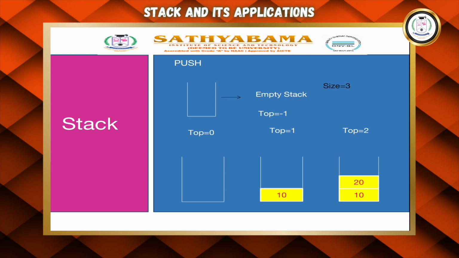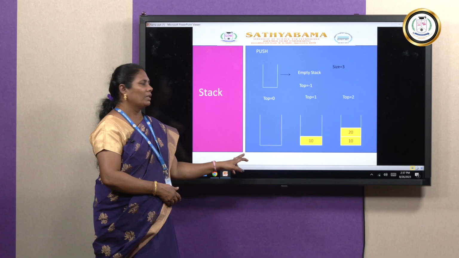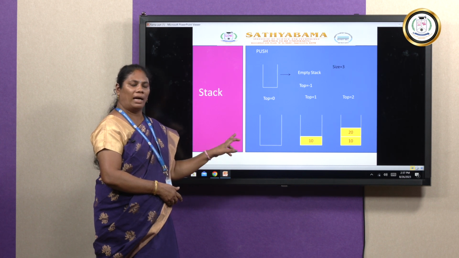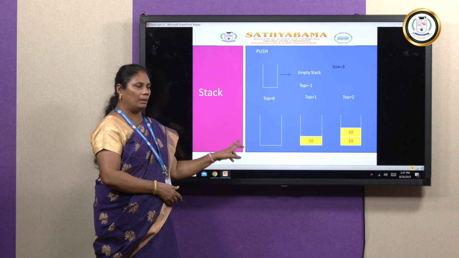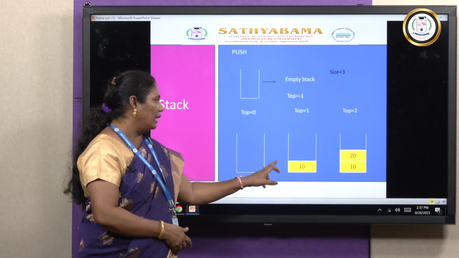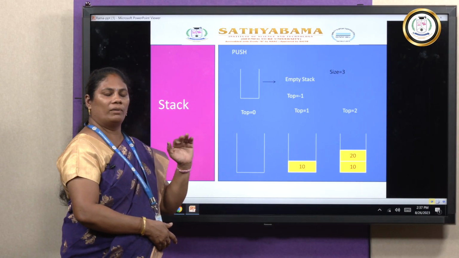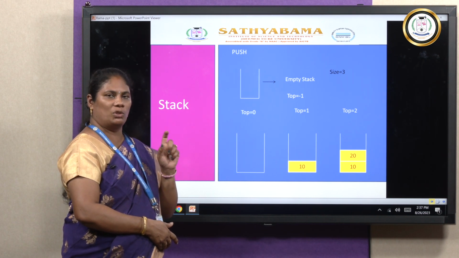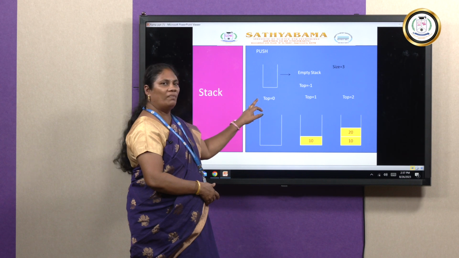To insert one or more elements into the stack, first the stack must be empty. If it is empty, you insert elements one by one. First, the top of the stack must be empty, which is called the top variable as 0.